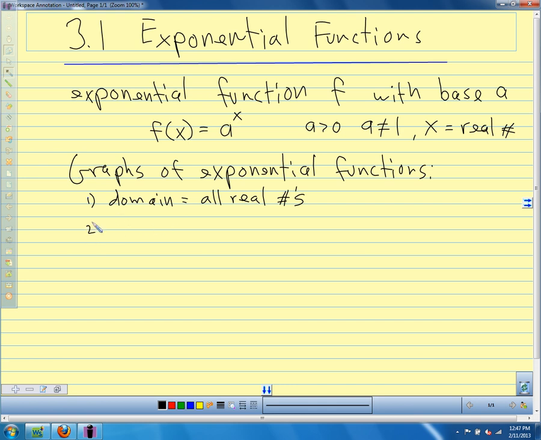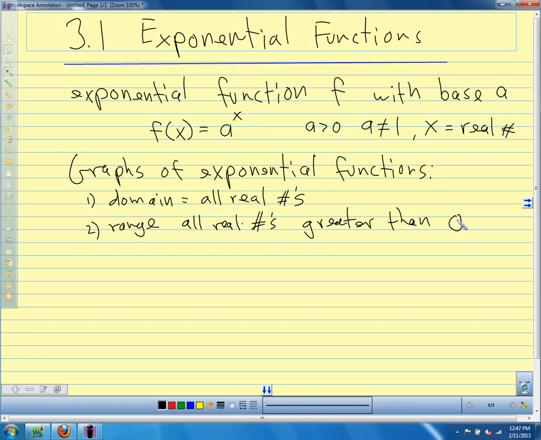The range are numbers greater than 0. So we only get positive numbers out of an exponential function. We never get a negative number. And we never get 0.